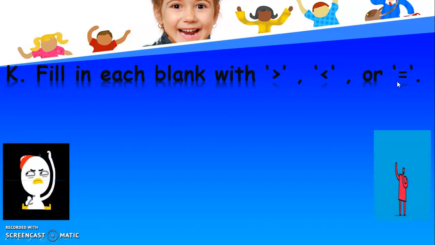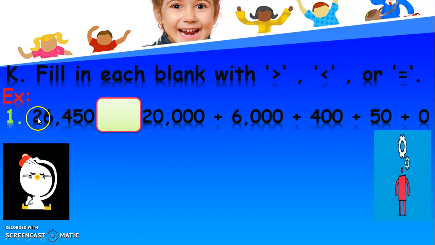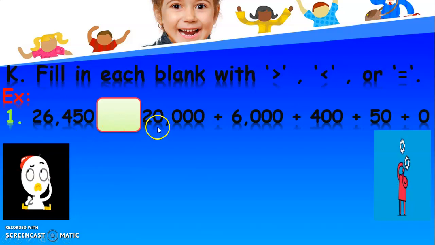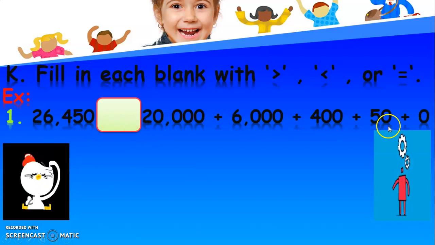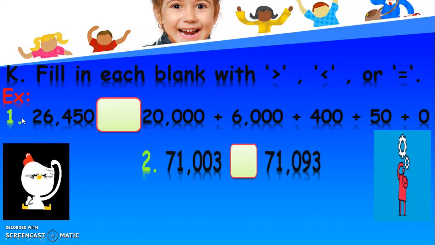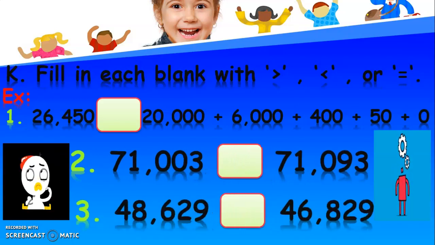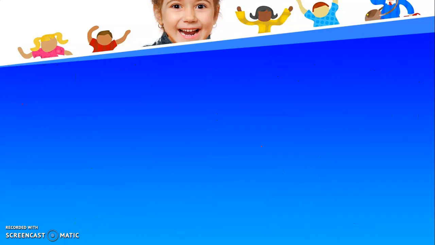Try to think of your answer for number 1, you are given 26,450, and you have here expanded form of a certain number. So try to think which one is the correct sign for number 1. And then answer number 2. And then finish it by answering number 3. If you are now ready, we can see the correct answers.